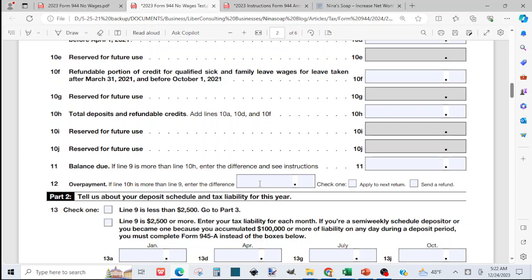It will go on line 12, overpayment. But pretty much it's the difference between line 10H and line 9.